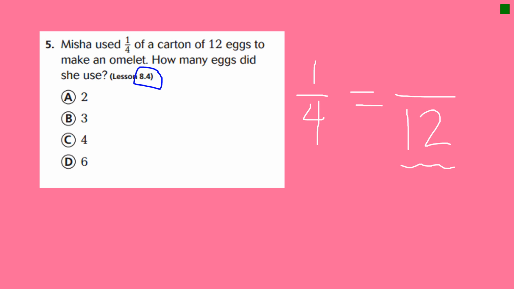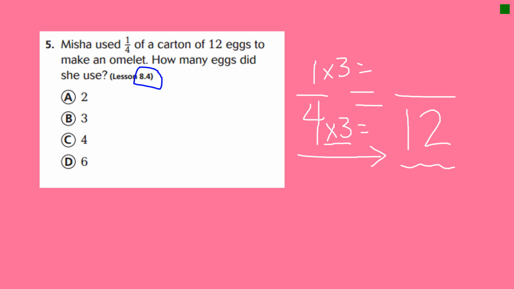Now let's see. Equivalent fraction. I have to do the same thing to the numerator as the denominator. So I'm thinking, what did I do to get from 4 to 12? Well, I multiplied it by 3. 4 times 3 equals 12. If I multiplied 4 times 3, I have to multiply 1 times 3. I can't just make one part of it 3 times bigger.